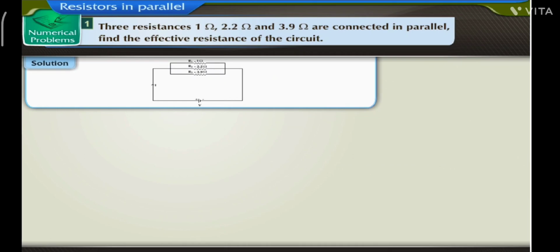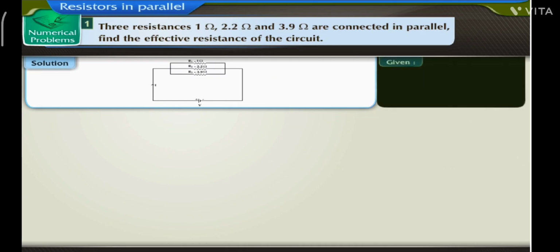Solution. Let us first write the given data. Given. R1 is equal to 1 ohm, R2 is equal to 2.2 ohm, and R3 is equal to 3.9 ohm. The resistors are connected in parallel.